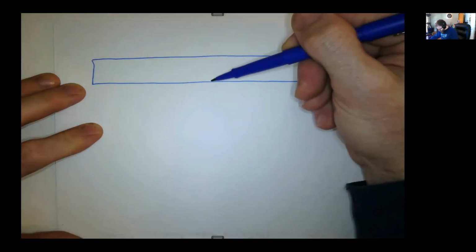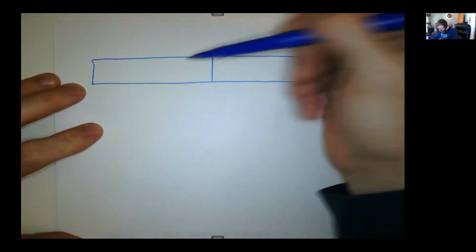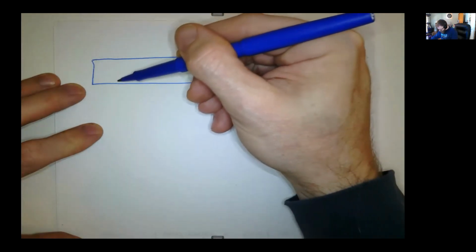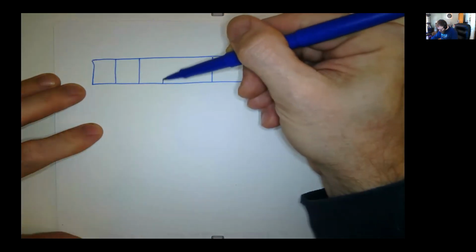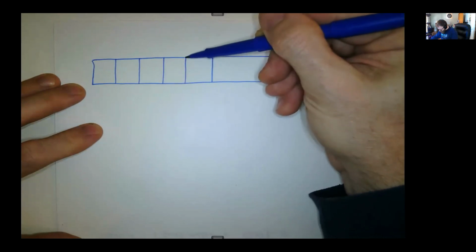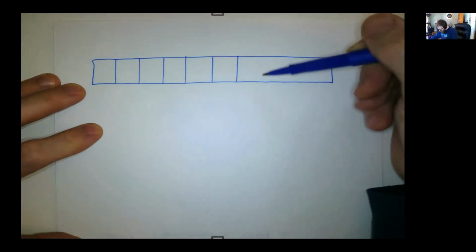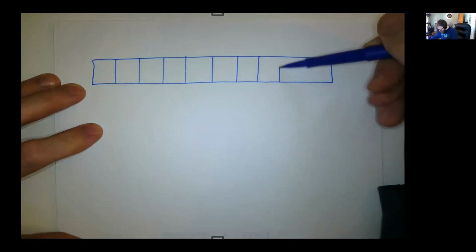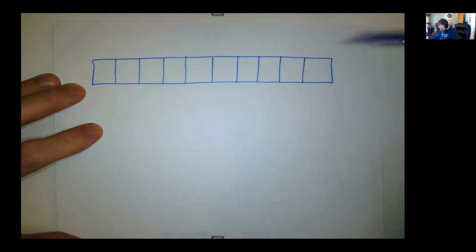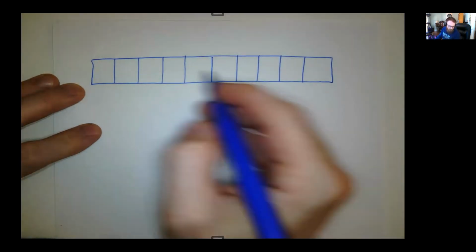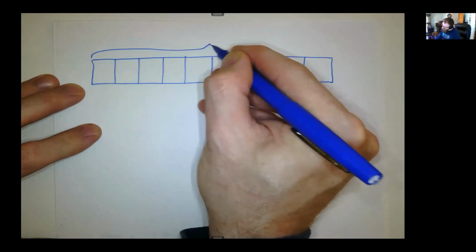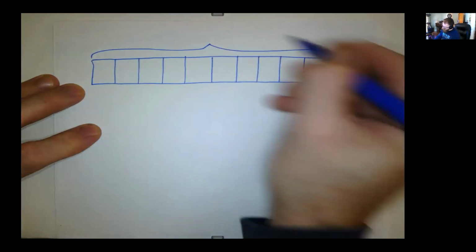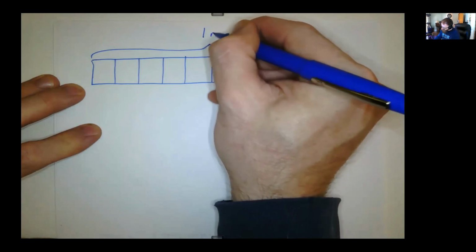All right, so down the middle, and then each half into 5. One meter, label your whole.